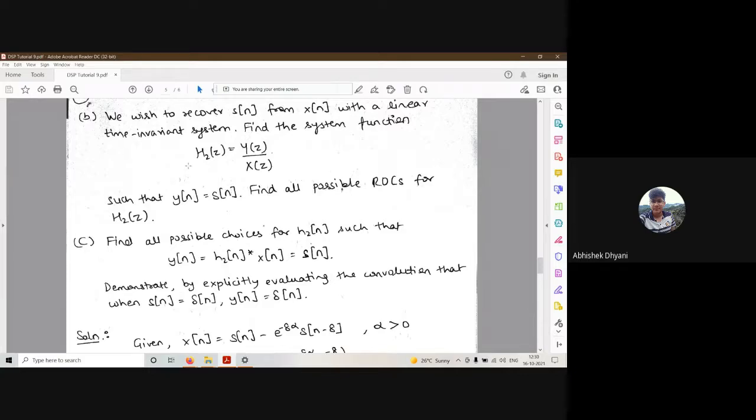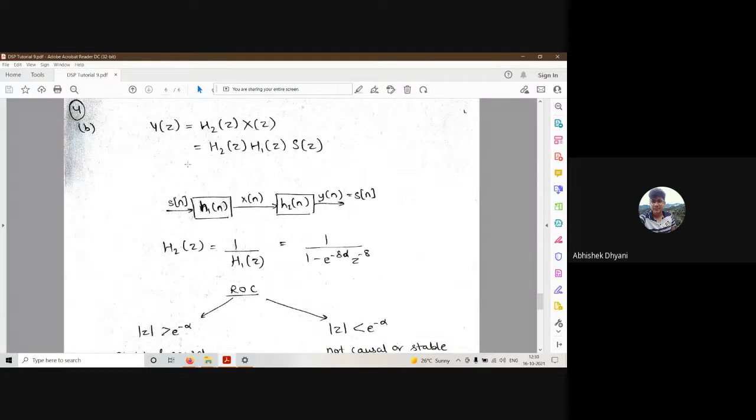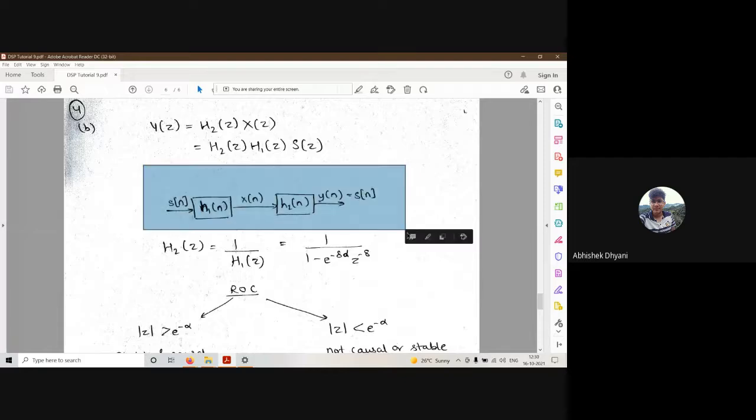Let's look at how we do this. The representation is something like this. In the first part we gave some s of n to h1 of n and we got x of n. Now we are giving this x of n to h2 of n, and we want the output to be the same signal that we provided originally, which means that h2 of n must be the inverse of h1 of n.